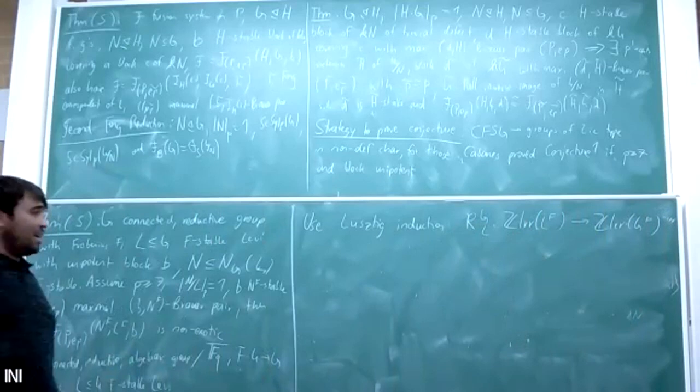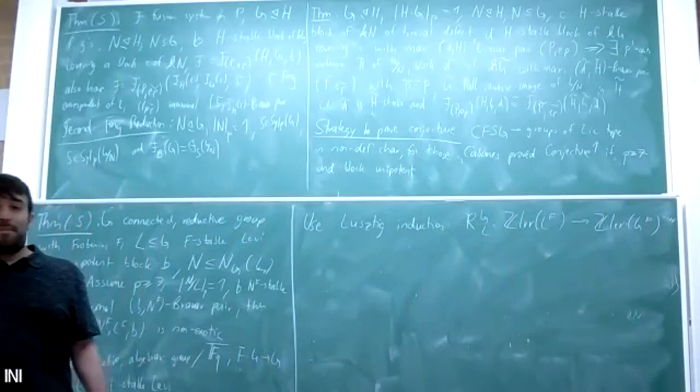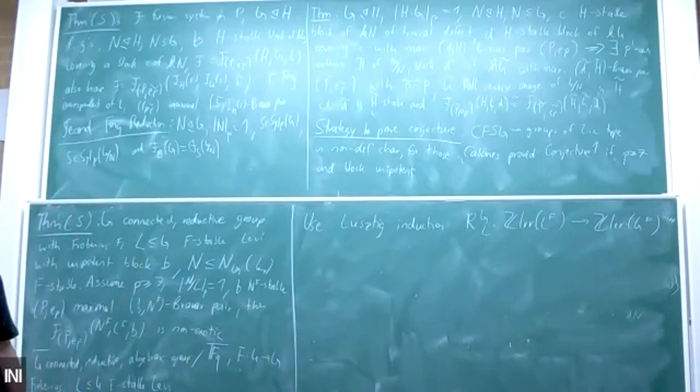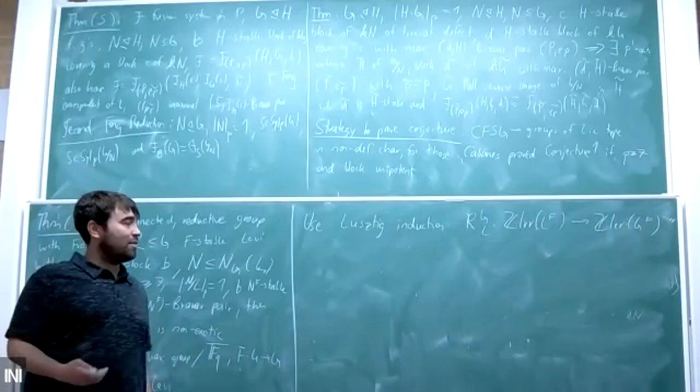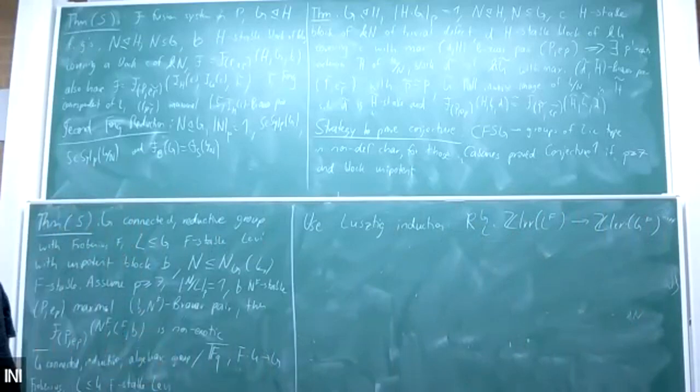It should also be stressed that this map always depends on a parabolic subgroup in which the Levi is contained. But for all that I'm doing, it doesn't depend on the parabolic subgroup, so I will just not write it down.